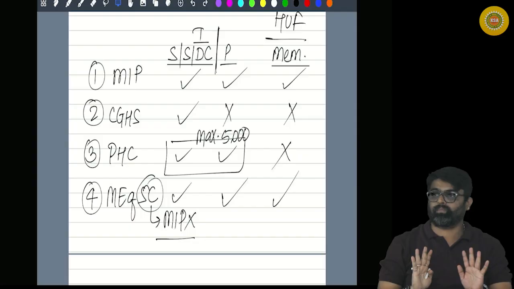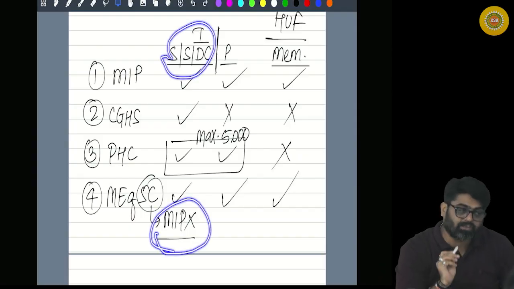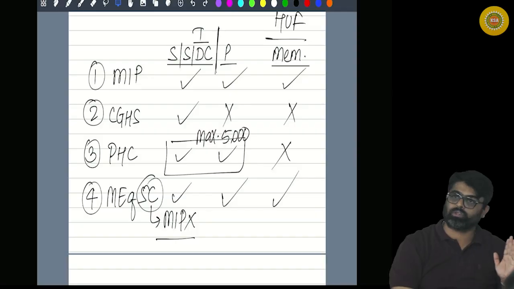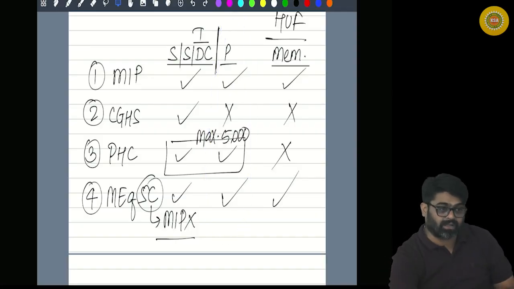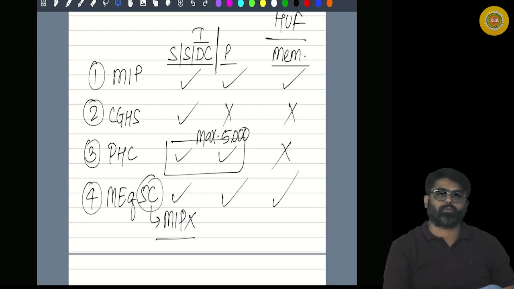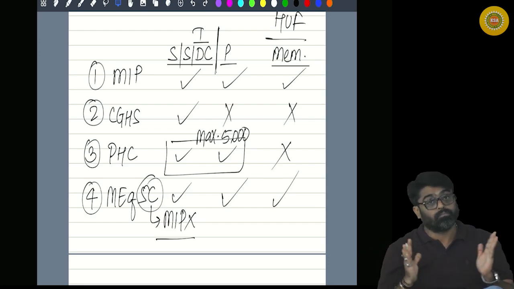And remember one more thing. This has to be calculated separately, subject to separate limit of 25,000, and this has to be calculated separately, subject to separate limit of 25,000. Don't mix both of them.